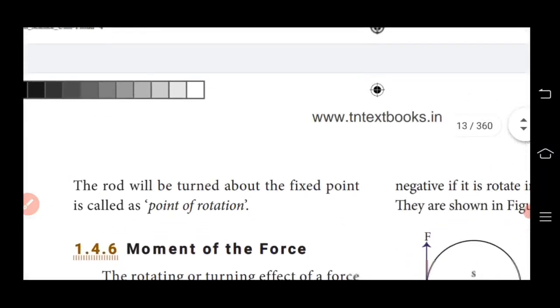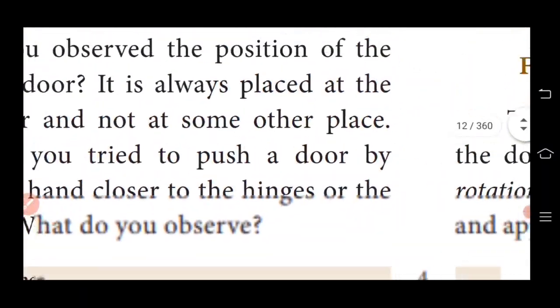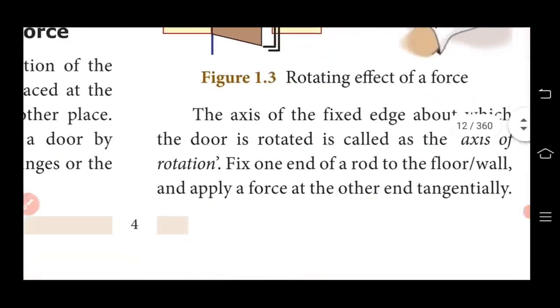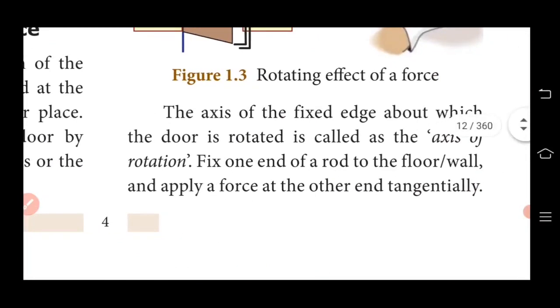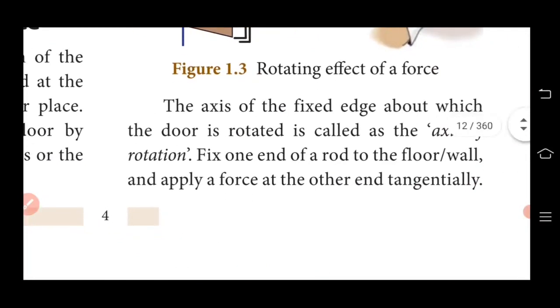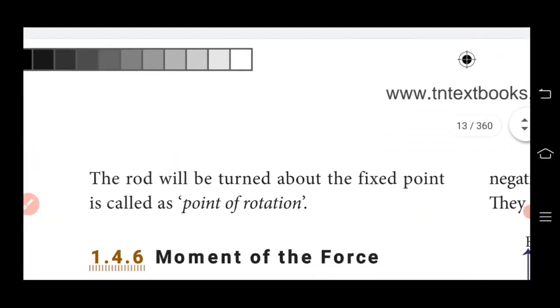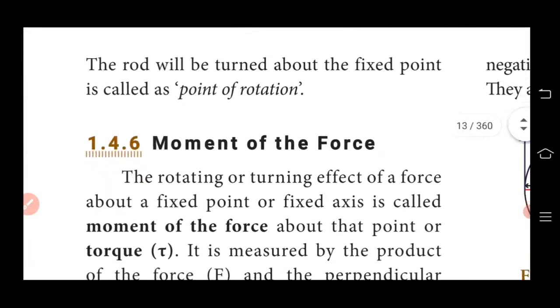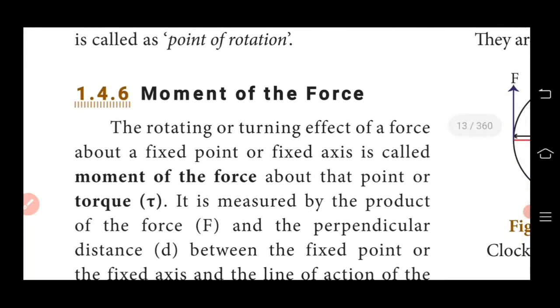So the axis of the fixed edge about which the door is rotated is called the axis of rotation, and the fixed point about which the rod is turned is called the point of rotation. And then our next topic is moment of the force.